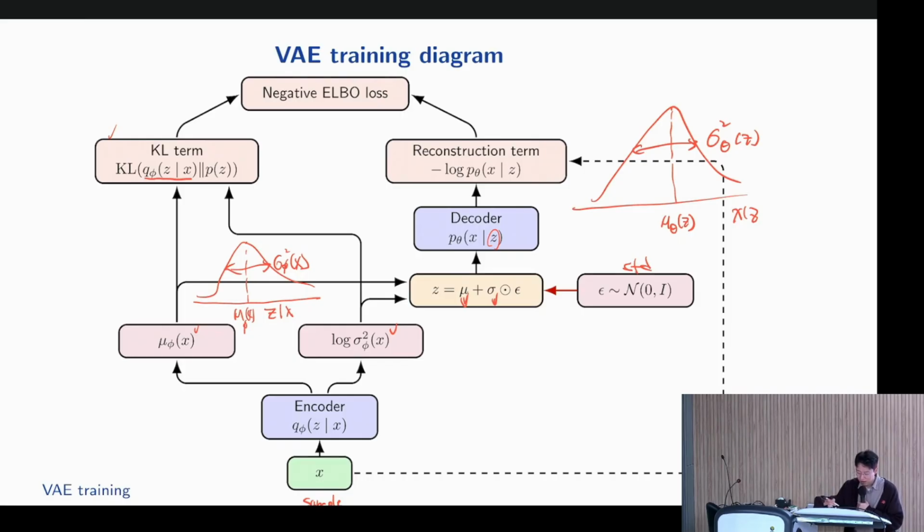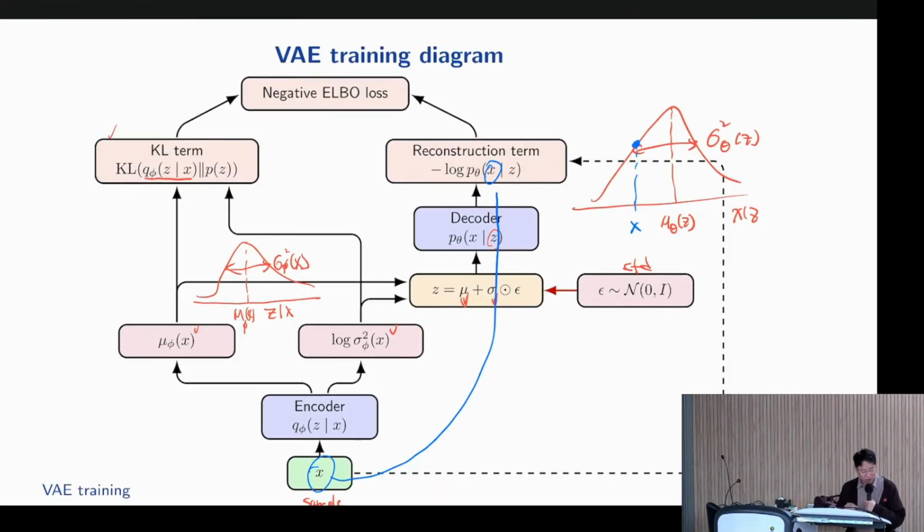From then, let's use blue. You take this guy, take it here. Oops. So if I apply just a little bit more pressure, the screen flickers. Okay, so here, evaluate the likelihood here, and that's going to be the reconstruction term. So you have two components.